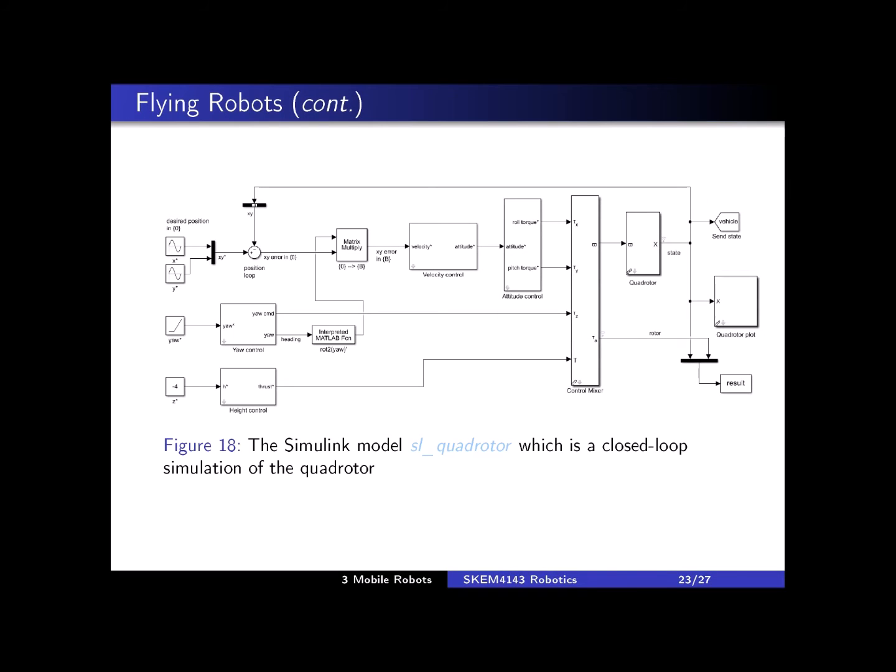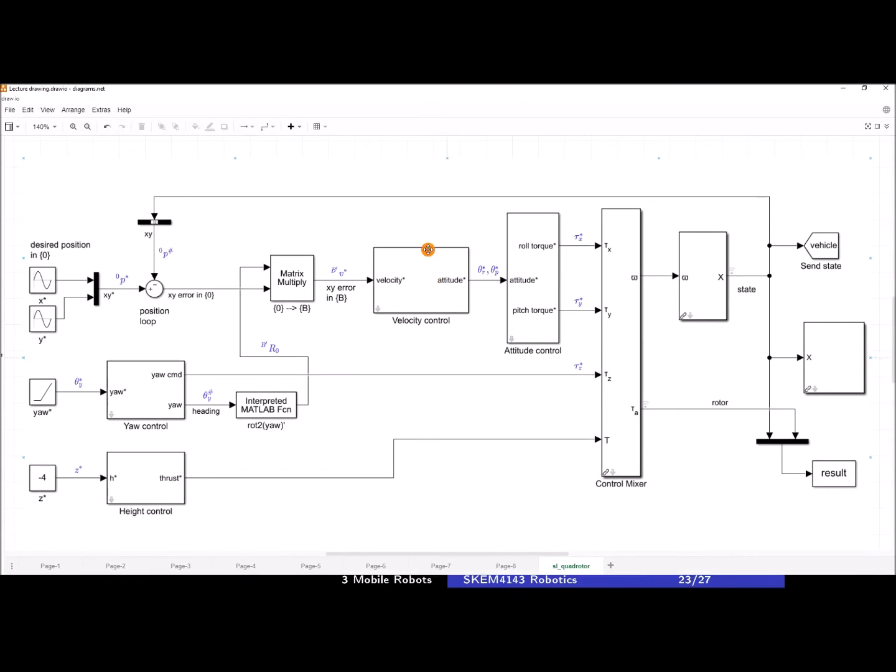If you have this, you can analyze it one by one to make sure what is happening there. For better clarity, I have drawn this here. As we can see, there are a number of controllers involved. This is the velocity controller. Here we have the attitude controller. Attitude here refers to the angle of the quadrotor. We have roll angle, pitch angle, and yaw angle.